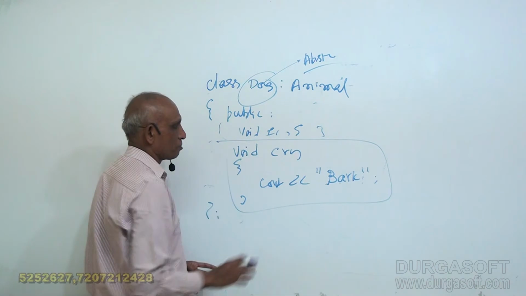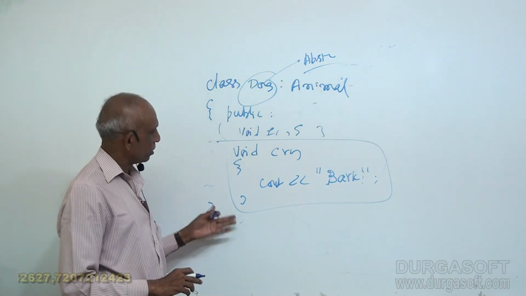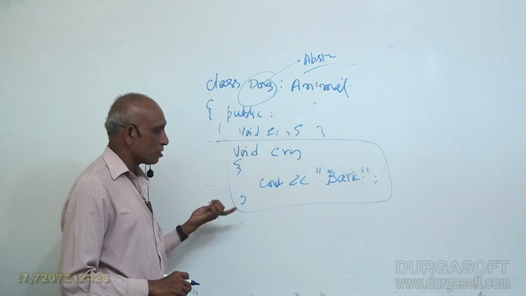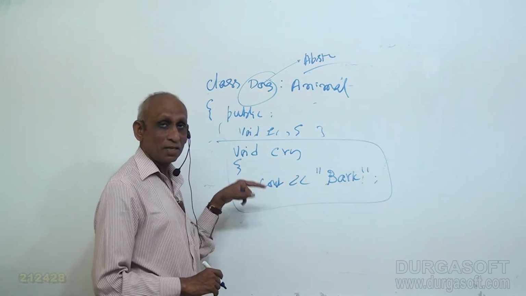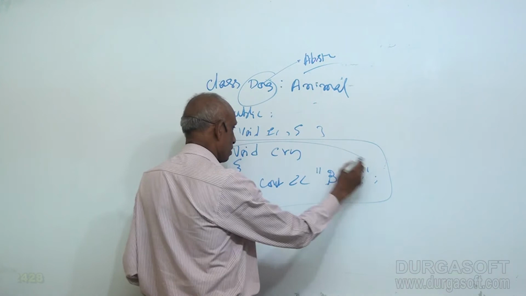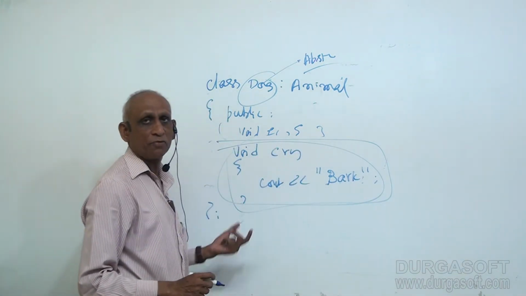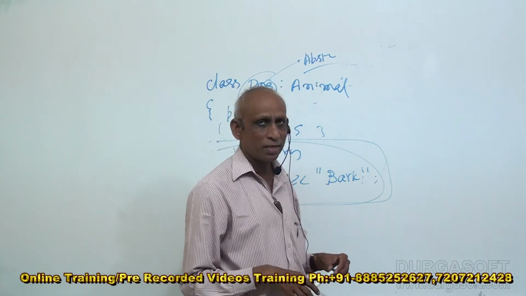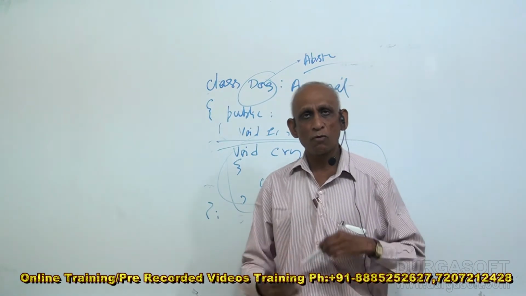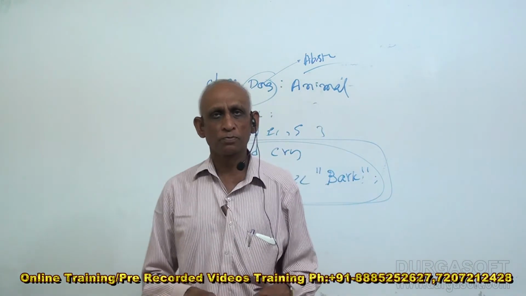Then this is not an abstract class. We can create an object. That means what is the purpose of a pure virtual function? To ensure that the derived class overrides the specific function. So the purpose of a pure virtual function is to make sure that the derived classes override that function.